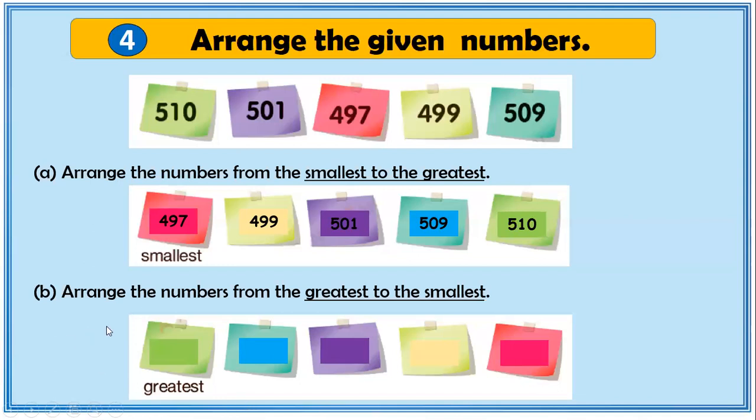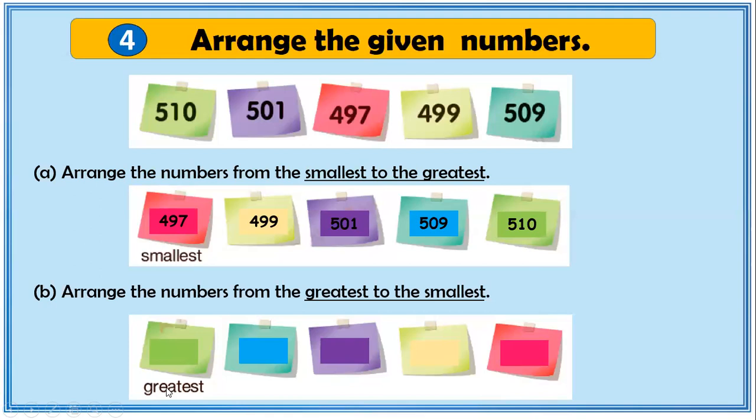All right, next. This time, we need to arrange the numbers from the greatest to the smallest. So since we already know the arrangement from smallest to the greatest, all we have to do is to reverse its position. So we will begin at the greatest number.